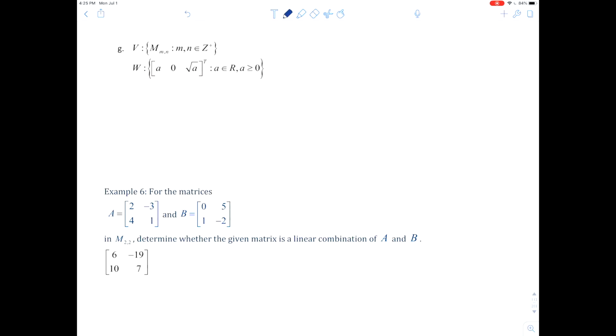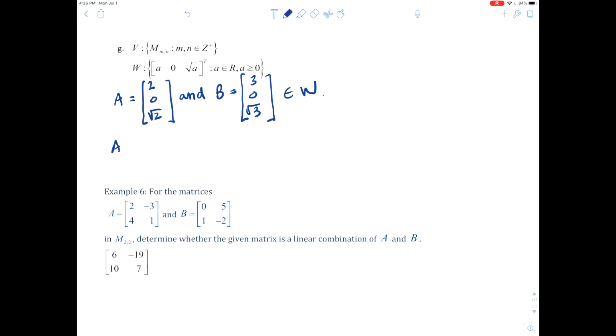Okay, so for part G, what do you think? I don't think this is going to work. Okay, so if A was equal to 2, 0, root 2, and B was equal to 3, 0, root 3, do you agree these both belong to the set W? Okay.